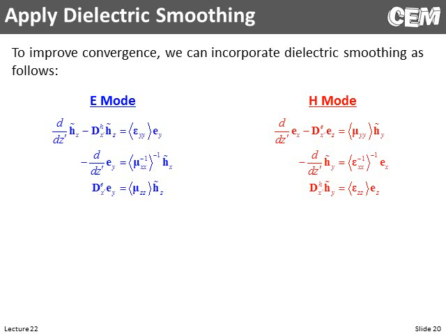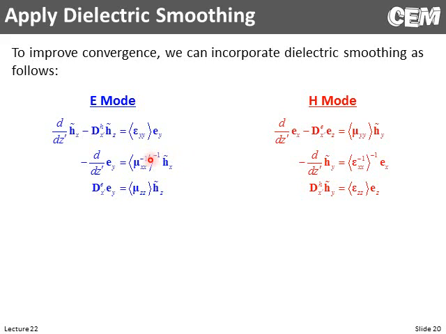Now for fields that are parallel to interfaces, we want to blur epsilon and mu. For field components perpendicular to material interfaces, it turns out we want to blur the reciprocal of the permittivity or the reciprocal of the permeability. So in fact, it's the X components in this case that are perpendicular to interfaces.